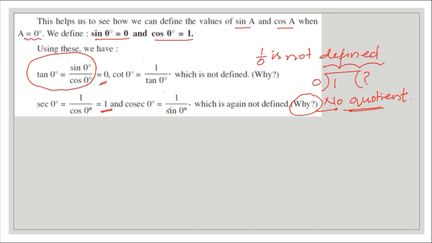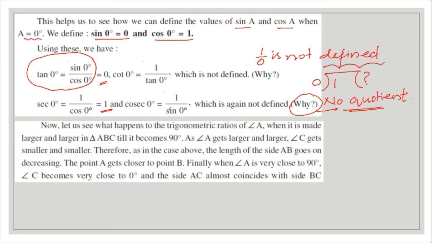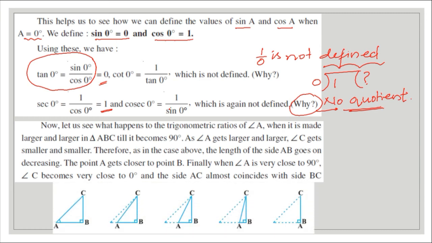Now let us see what happens if angle A is made larger and larger till it becomes 90 degree. Look at this figure. As angle A gets larger and larger, this particular A will slide to the right.